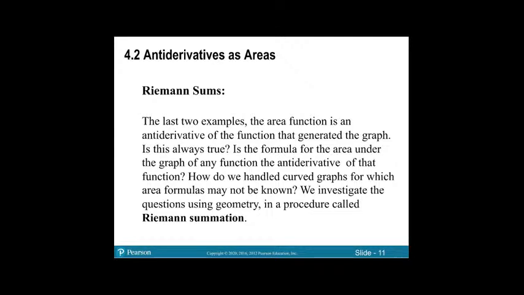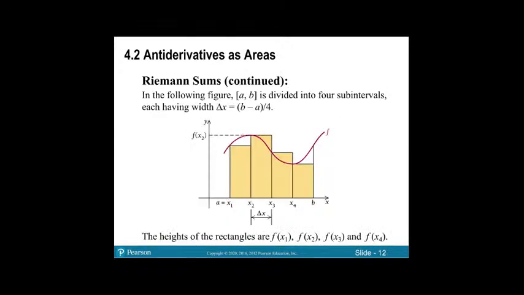Okay, so in the following figure, the closed interval from A to B, so here's A, here's B, is divided into 4 subintervals. All right, so we broke that into 4 equal intervals, each having a width of B minus A over 4. So they took the total distance divided by 4, and that's the width of each subinterval. The heights of the rectangles are f of x1, x2, x3, and x4.